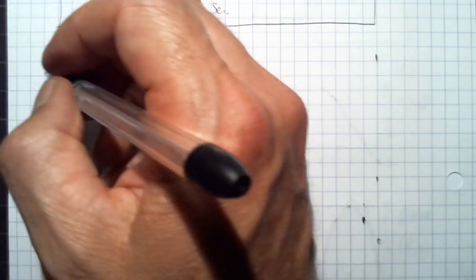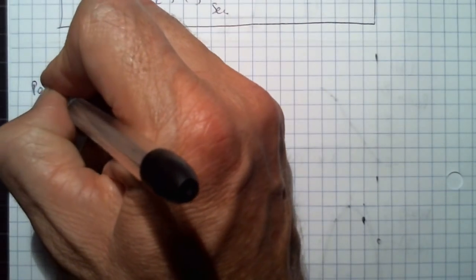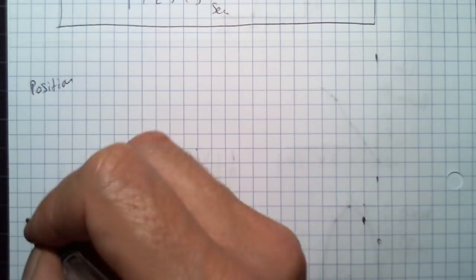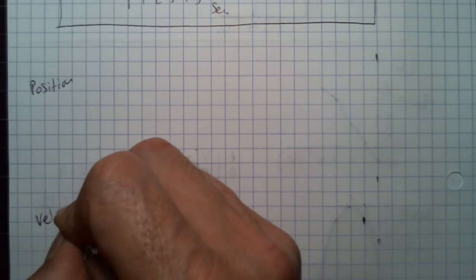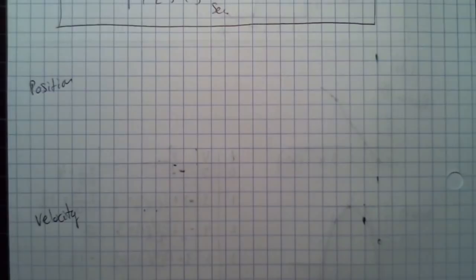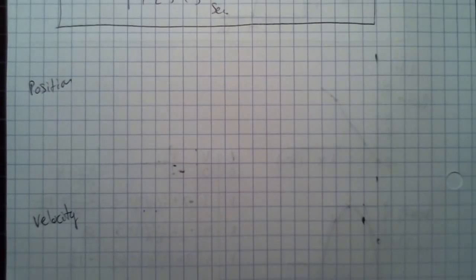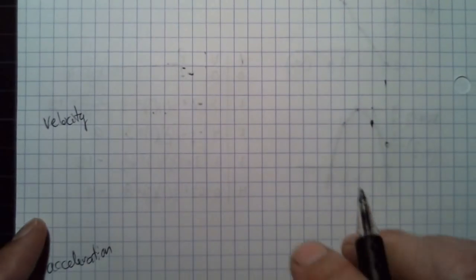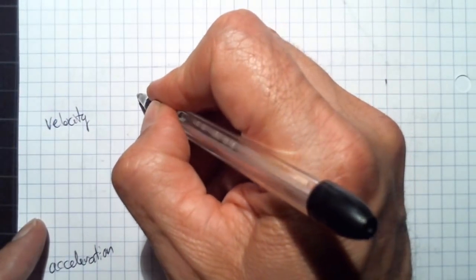So here we're going to have position, velocity, acceleration, and let's draw the velocity graph.